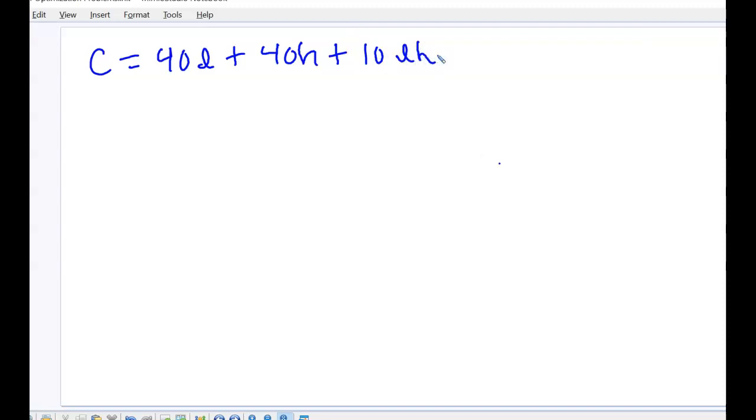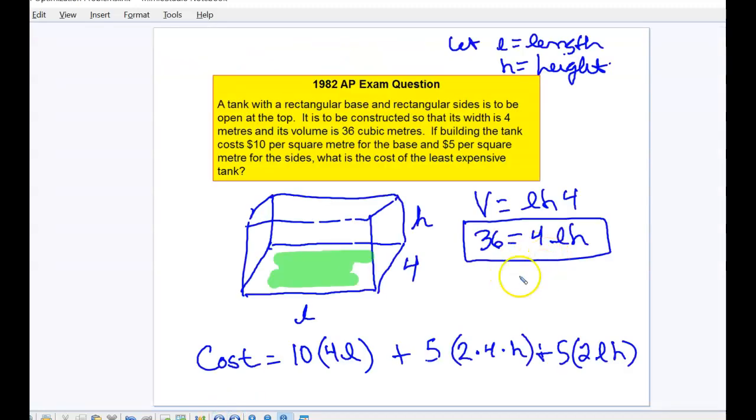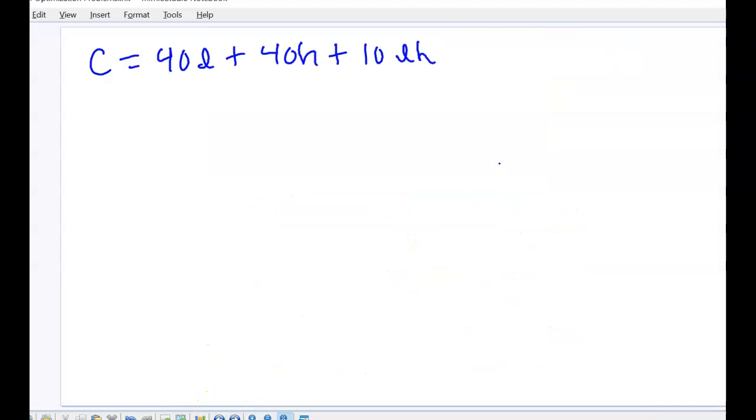Okay, so now I need to isolate one of my variables from the previous equation. So here I could say that if I divide by 4L, I get 9 over L is equal to H. So I'm going to use this substitution here in my cost equation.